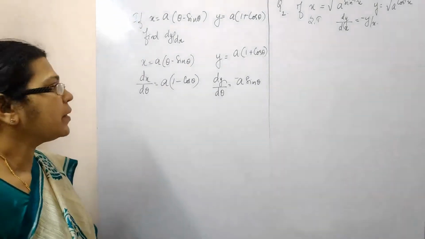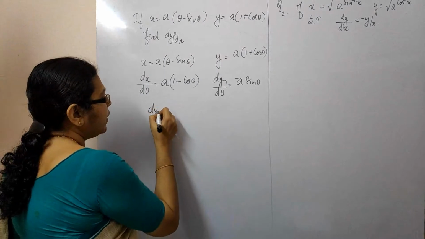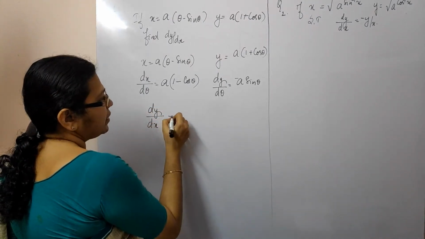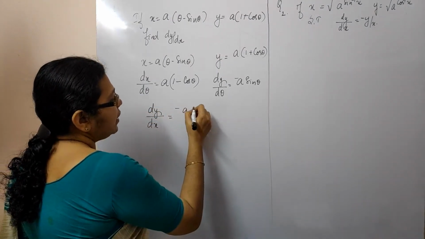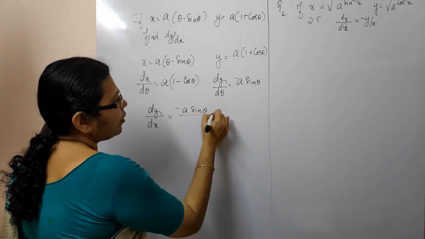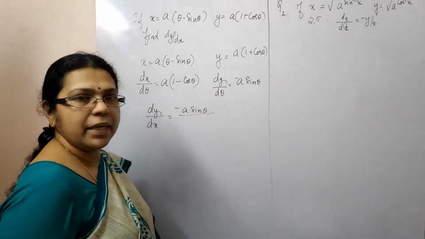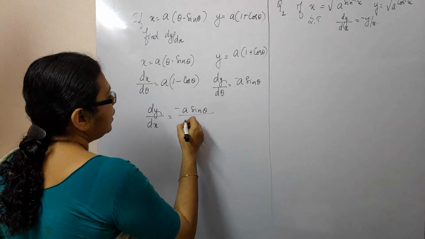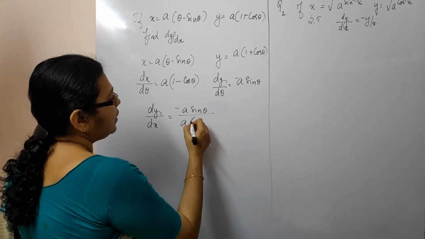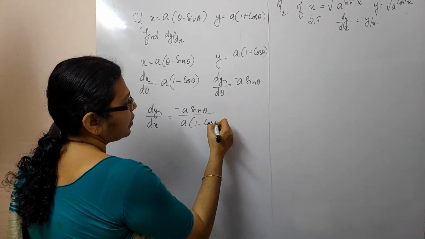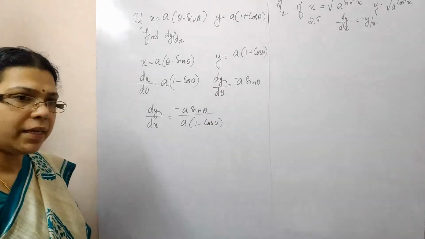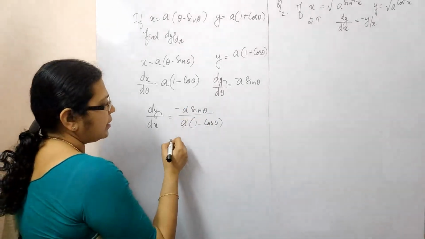Am I clear? Now, what is dy by dx here? dy by dx is equal to dy by d theta divided by dx by d theta, so minus a sin theta by a into 1 minus cos theta. Here a and a cancel.